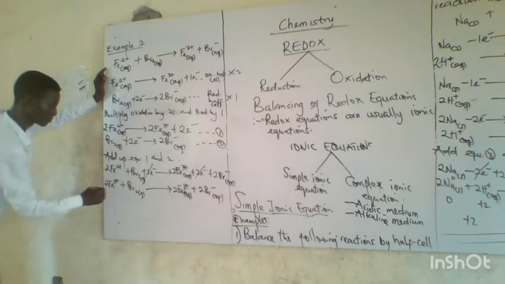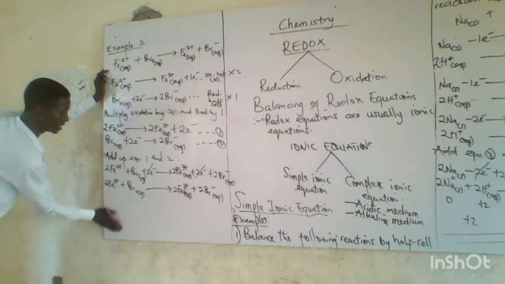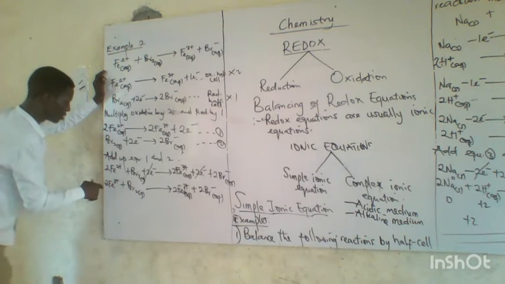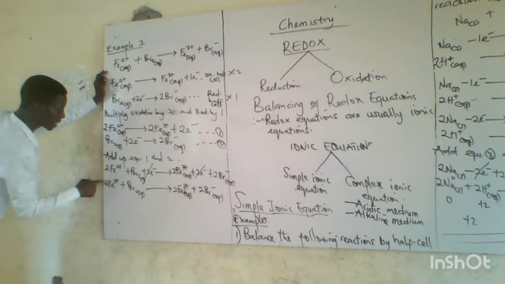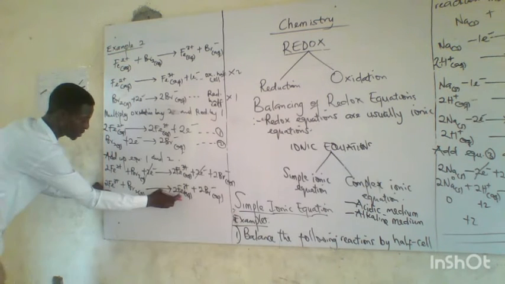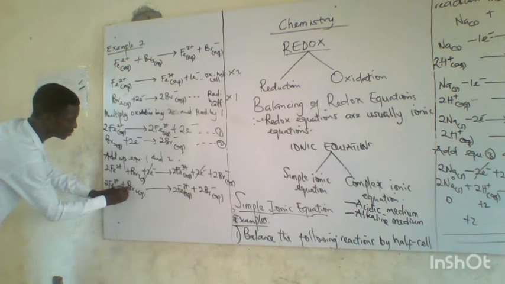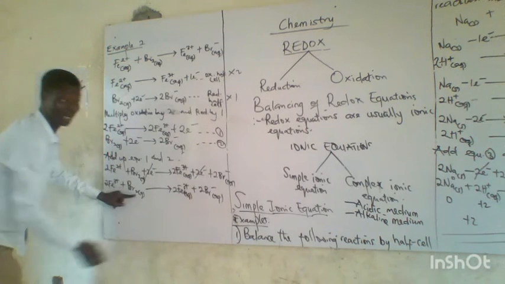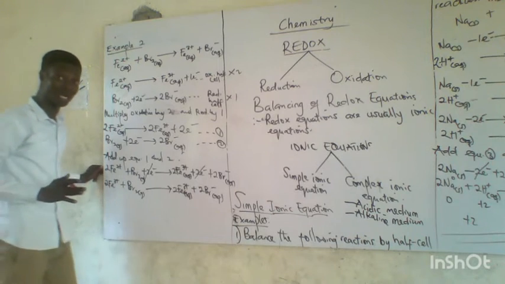So what's remaining to check if it is atomically and ionically balanced? Atomically, 2Fe is here, 2Fe is present here; 2 bromine, invisible 1 times 2 will give me 2. 2 bromine here, invisible 1 here, 1 times 2 will give me 2, so it is atomically balanced.